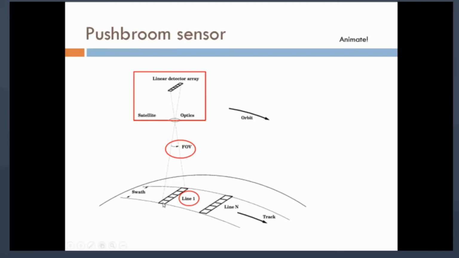The data is coming from this line on the ground. So for each pixel, you have a CCD. This pixel is mapped to this CCD. Then accordingly, you will have as many CCDs as there are pixels, or different data elements, in a particular swath line.